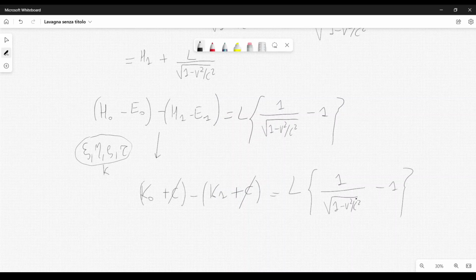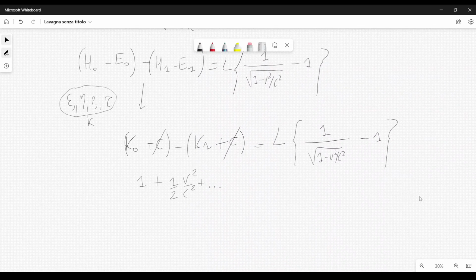Now, if v over c is small, or v squared over c squared is small, we can rewrite this expression by expanding it in a Taylor series. So it will be 1 plus, you can find that the second term here is 1 half v squared over c squared, and then there are higher order terms.